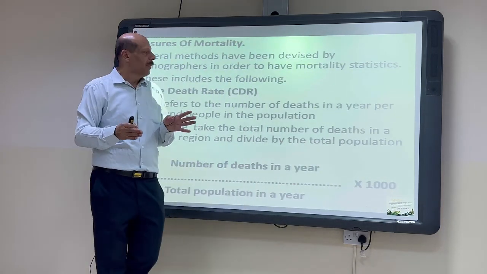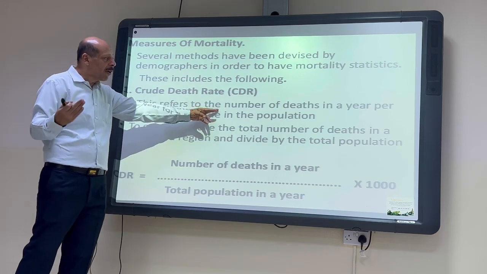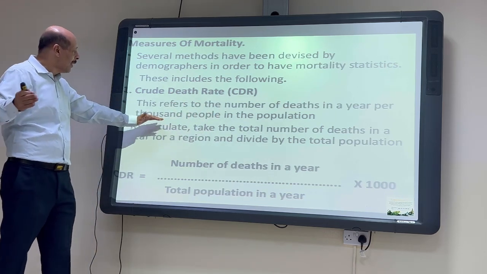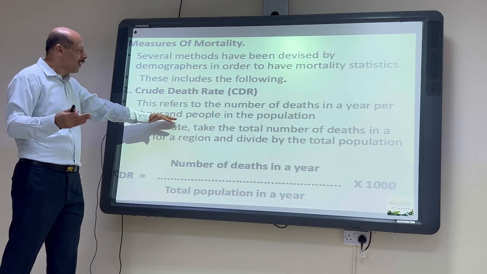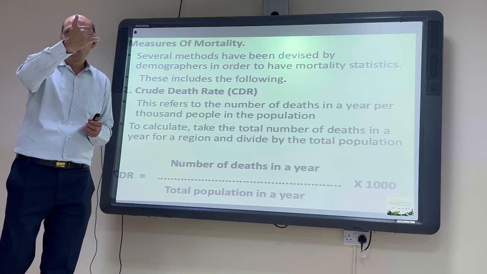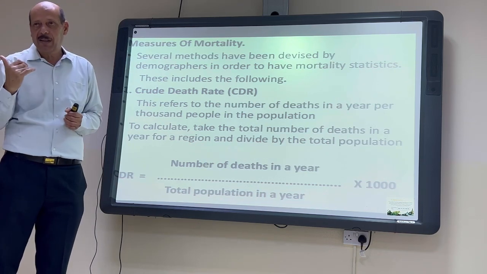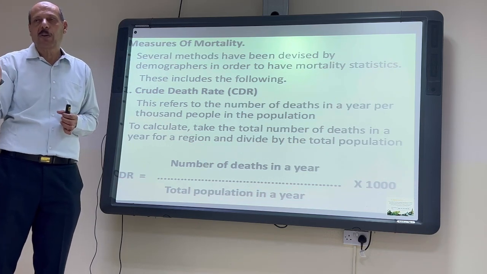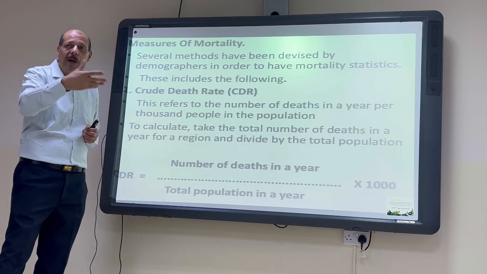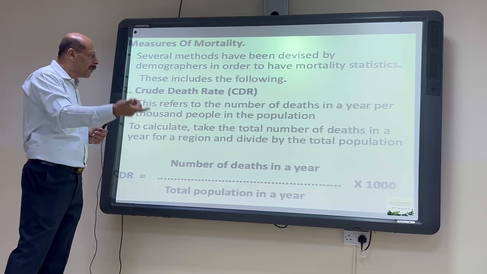It refers to the number of deaths in a given year per 1,000 people in the population. We divide the number of deaths during the year, like if we are taking the year 2000, by the number of the population during that year, multiplied by 1,000.